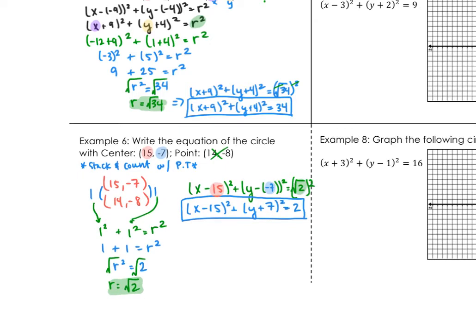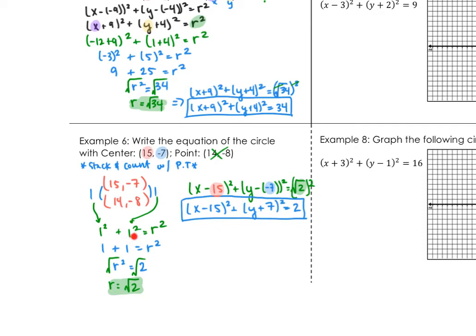So to go over this one more time, to find the radius is just the distance between a center and a point. One way we found distance is using stack and count with Pythagorean theorem. So we stack our coordinates 15, -7 and 14, -8, and we count the distances between the x values and the distances between the y values. That becomes a and b in Pythagorean theorem.